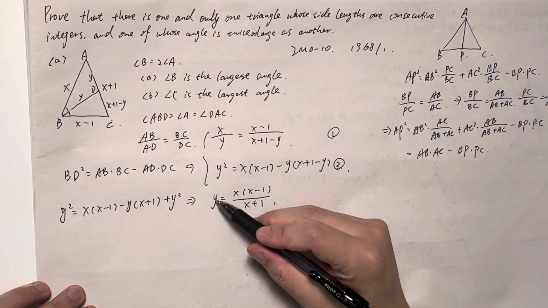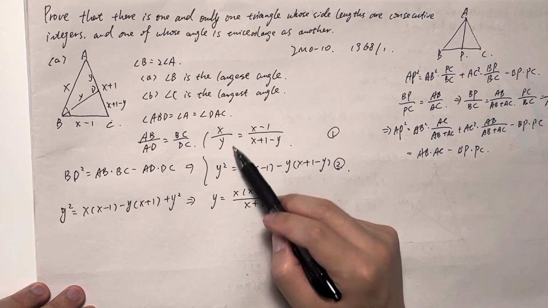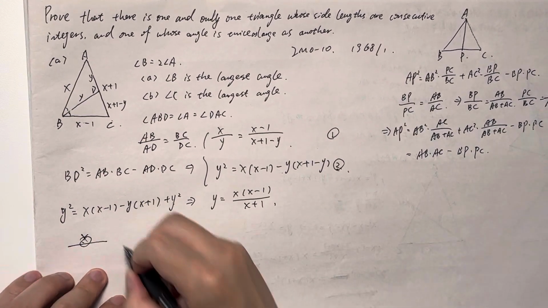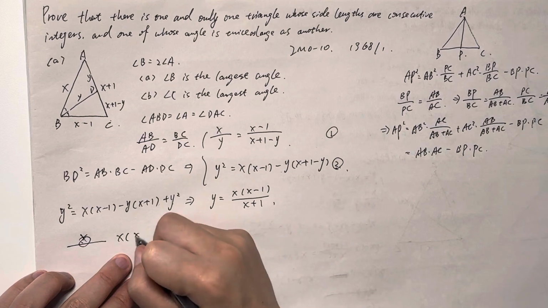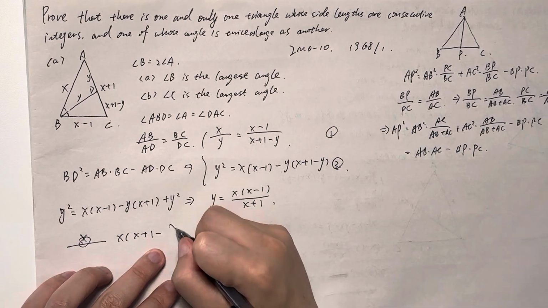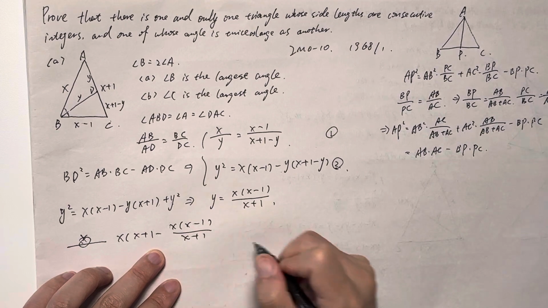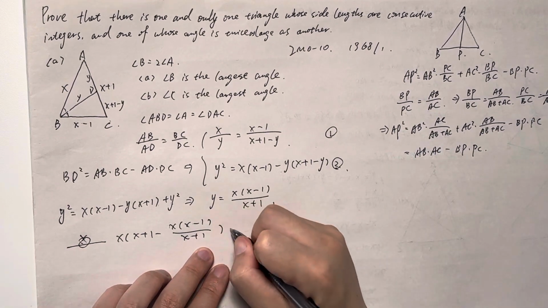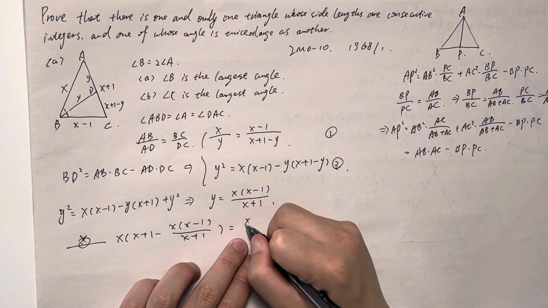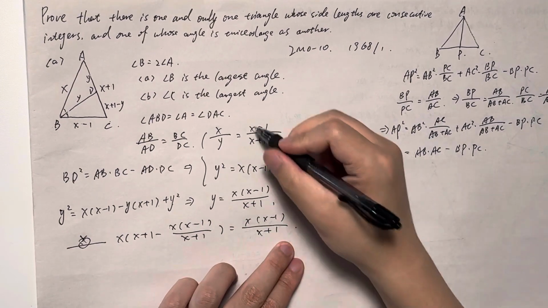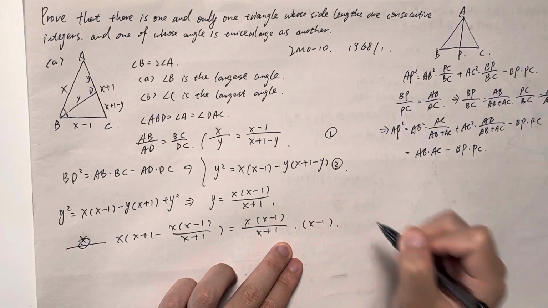We can replace y in this equation, so we got x, let's write another form, x times (x plus 1) minus y, where y is (x minus 1) divided by (x plus 1), equals 2 times (x minus 1) divided by (x plus 1), that's y times (x minus 1).